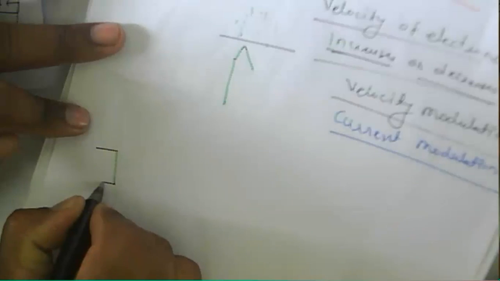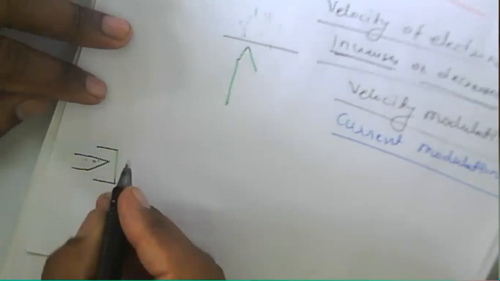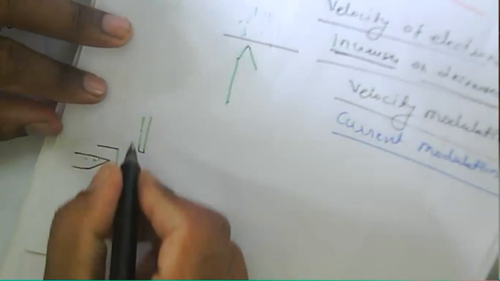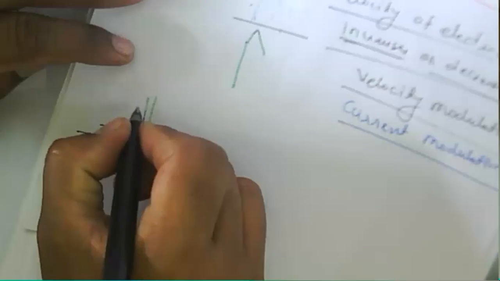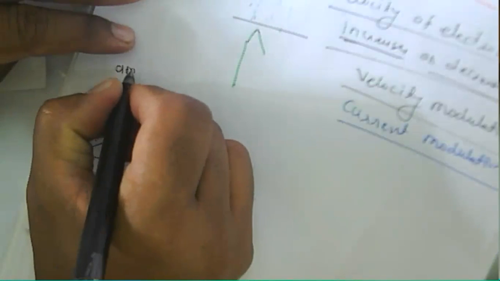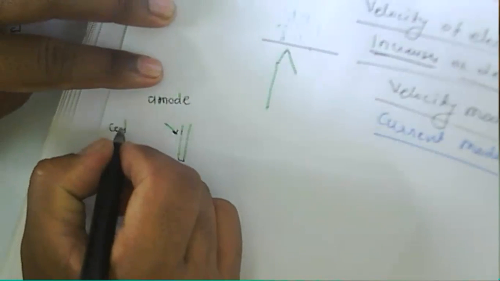Here is the cathode. It emits the electrons. Then here is the accelerating anode. This cathode is energized by the DC beam. Again, we are providing the energy to this particular anode. This is called an anode. This is called a cathode.